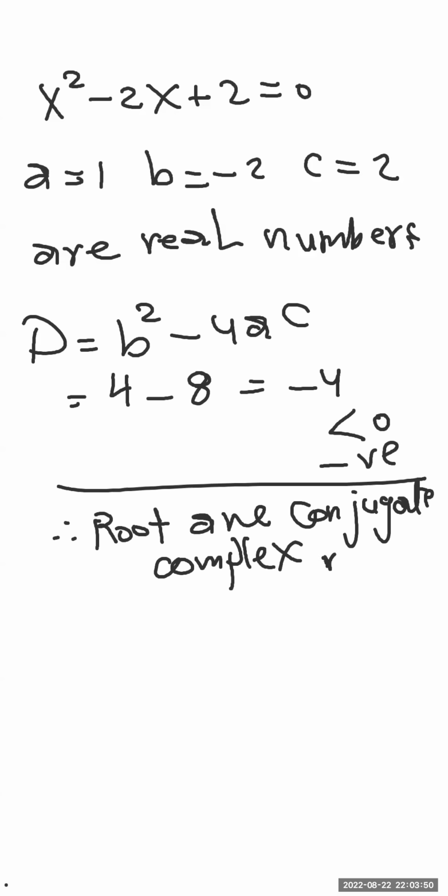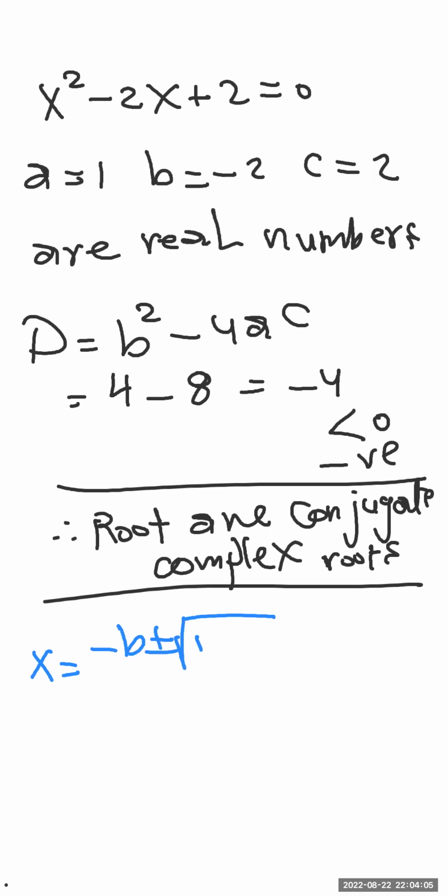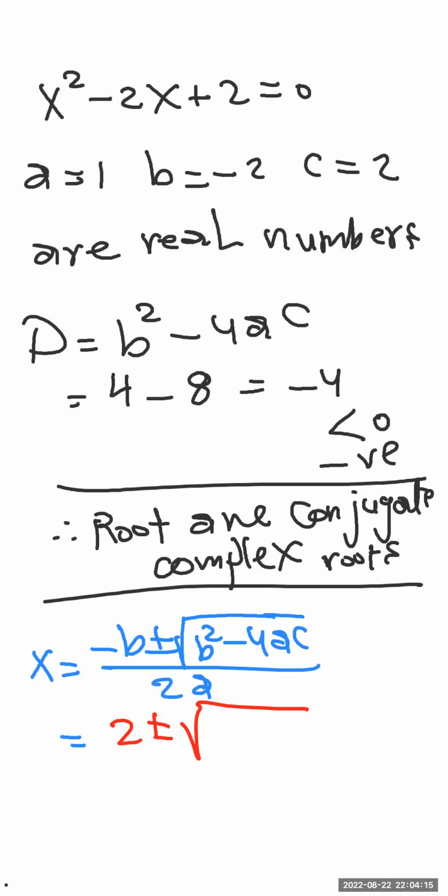Okay. I'm going to verify that result using the general formula. x equals negative b plus or minus the square root of b squared minus 4ac over 2a, so it will equal 2 plus or minus the square root of the discriminant, negative 4, over 2a, which is 2, so it equals 2 plus or minus 2i over 2.